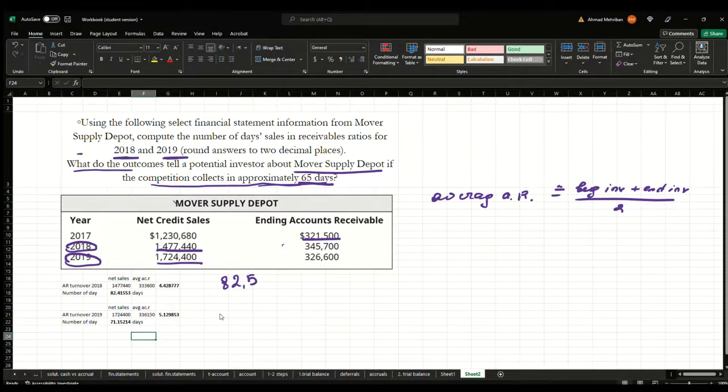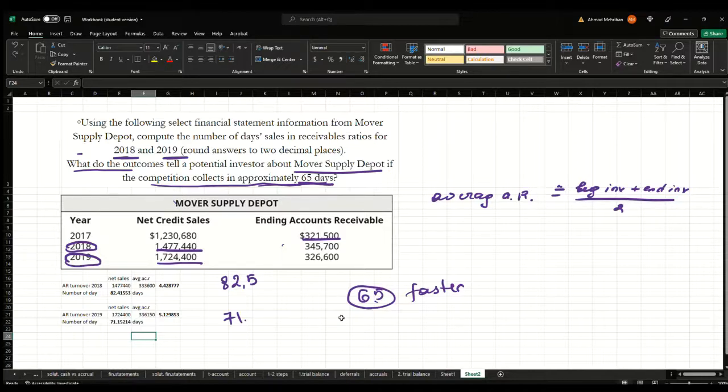In 2019 they collected in 71 days, compared to the competition's 65 days. So the competition collects faster. Since we don't have any other information related to this company, all we can say is that the competition collects its debts much faster than Mover Supply Depot.